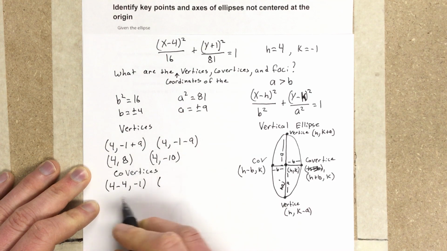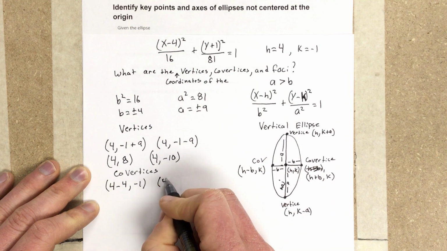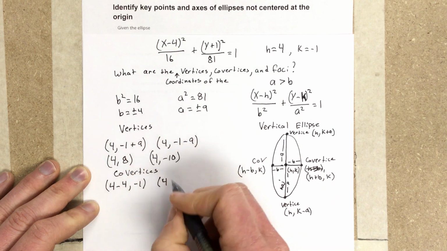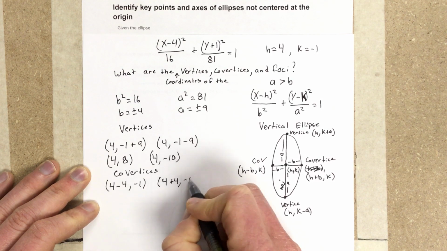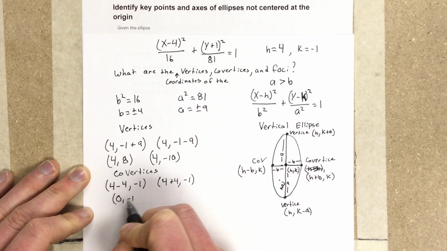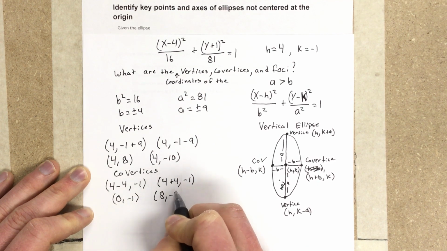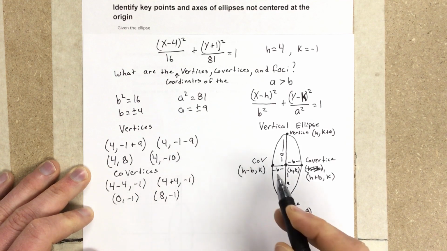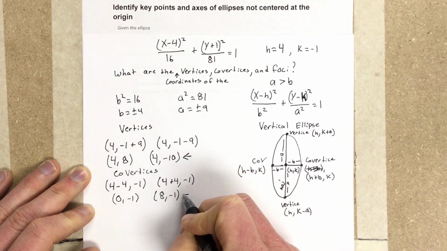And then again h, which is 4, this time plus b, so plus 4, and we still have negative 1 for k. So we get 0, comma, negative 1 for one of our covertices, and the other one will be 8, comma, negative 1. Okay, so we've got two of our answers here and two here.